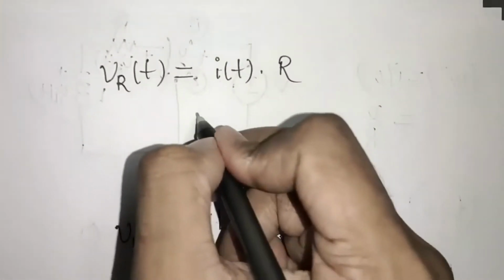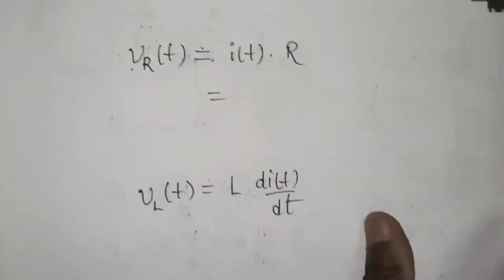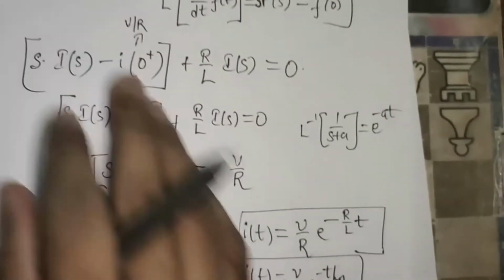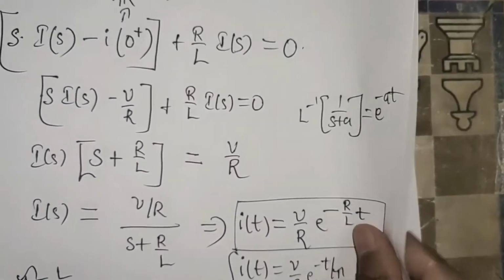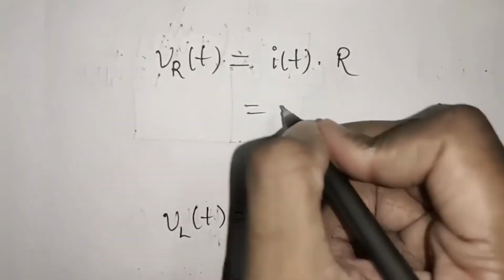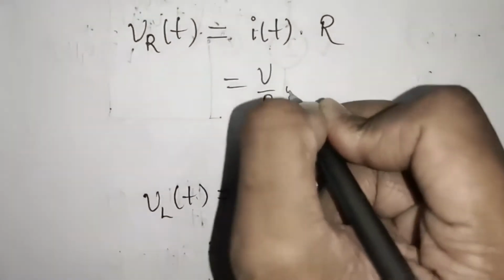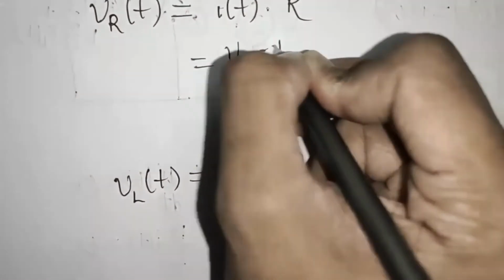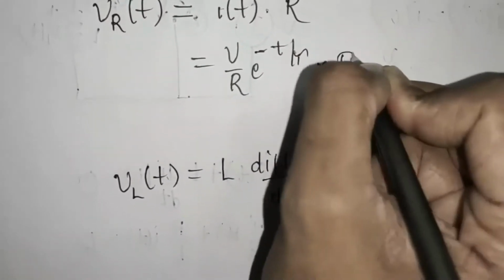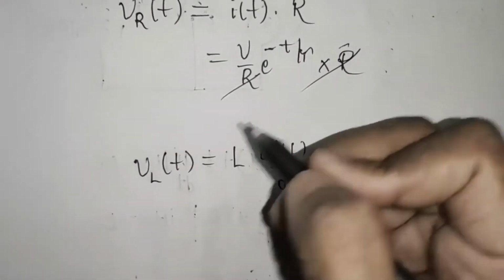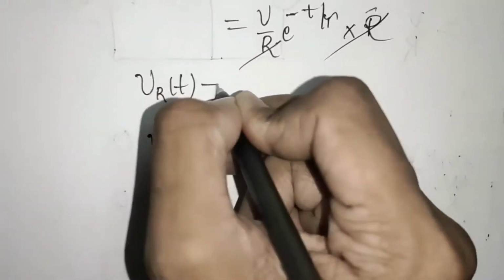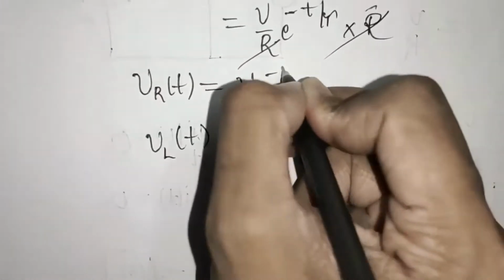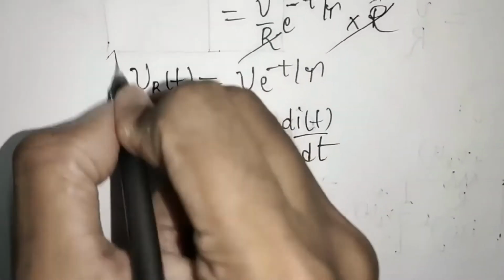We have the expression I of t is V by R into e power minus t by tau, into R. So R will get cancelled. So the expression for VR of t is V into e power minus t by tau.